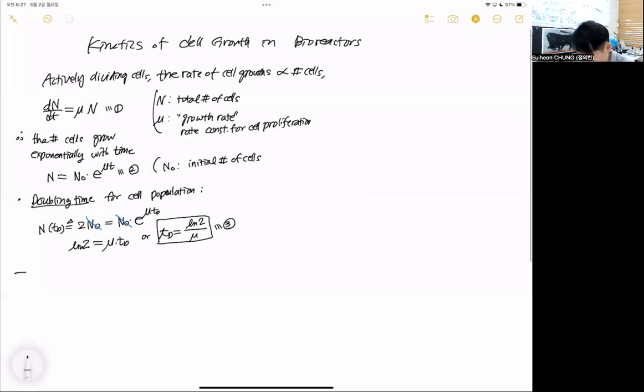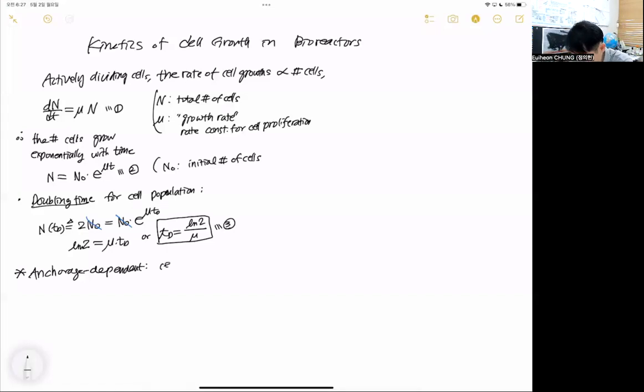So first, let me write down what this anchorage dependent means. When the cells are growing on a surface, when they contact each other or are crowded, their rate of growth will be decreased.